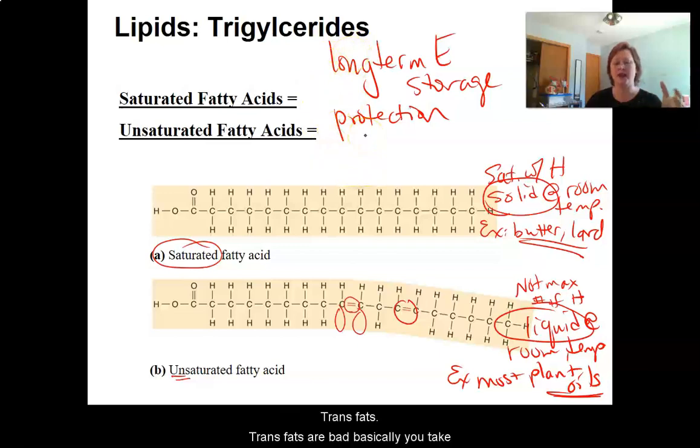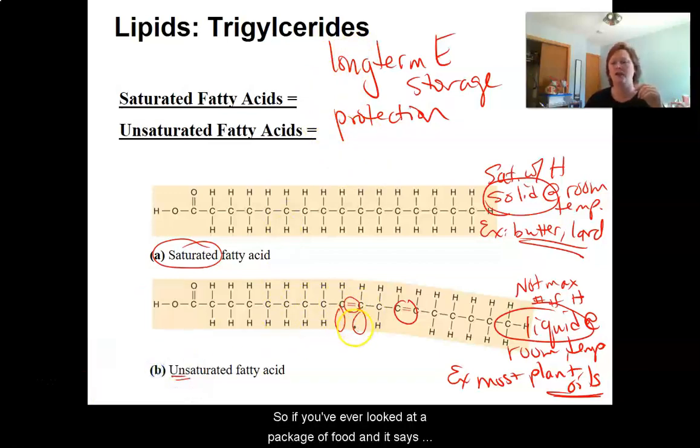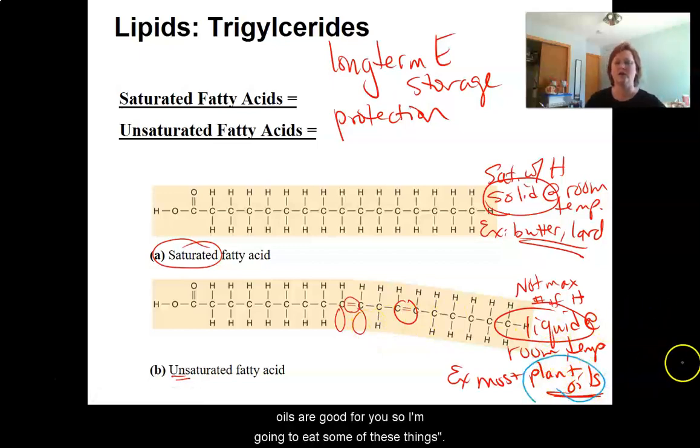Now you've heard of trans fats. Trans fats are bad. Basically, you take an unsaturated fat and you hydrogenate it. So if you've ever looked at a package of food and it says in the food label, partially hydrogenated vegetable oil, you might think, oh, I remember Drake said oils are good for you, so I'm going to eat some of these things.